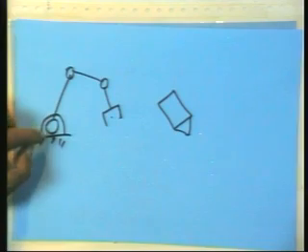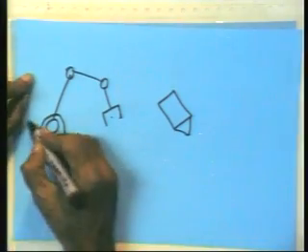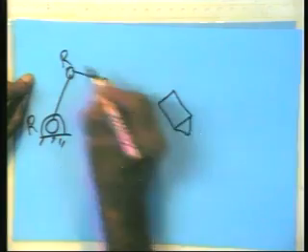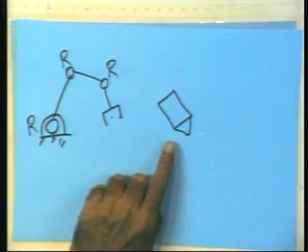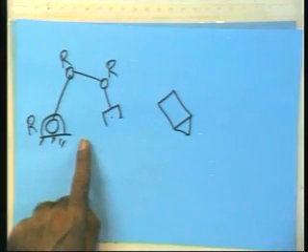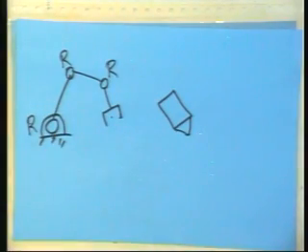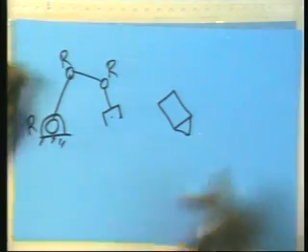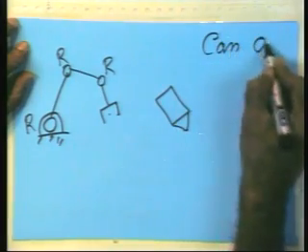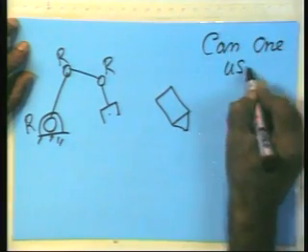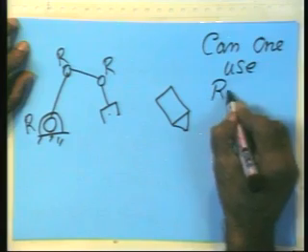Now remember, how many degrees of freedom does this planar robot have? 3 degrees of freedom. Now, can I find out the position and orientation of this object using this robot? That's the question I have. Can I use the robot as a measuring device? Can one use a robot manipulator?